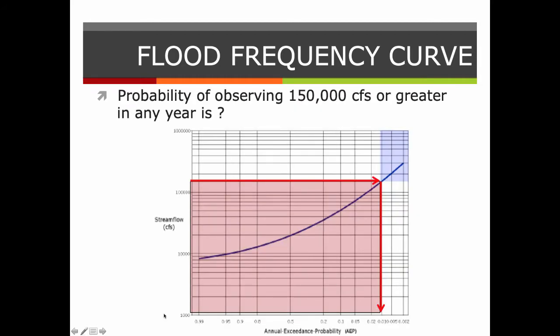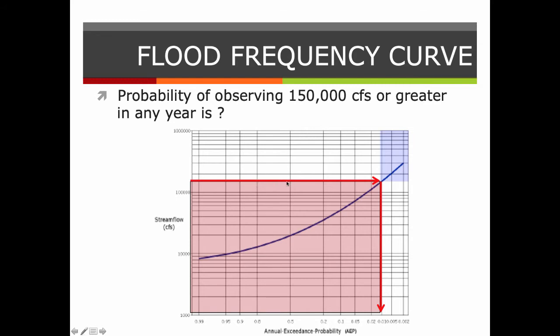Another way to use the tool would be: what is the annual exceedance probability of observing an event of specified magnitude or greater in any year? So we would go to the magnitude. So here we have about 150,000 CFS.